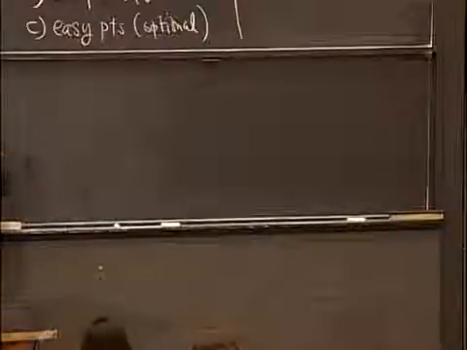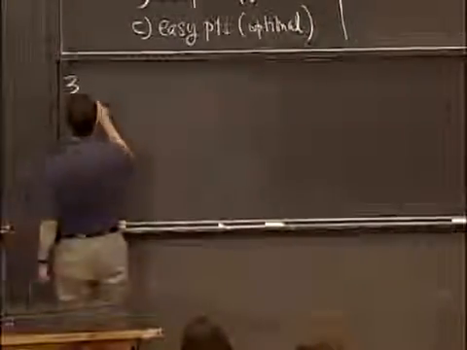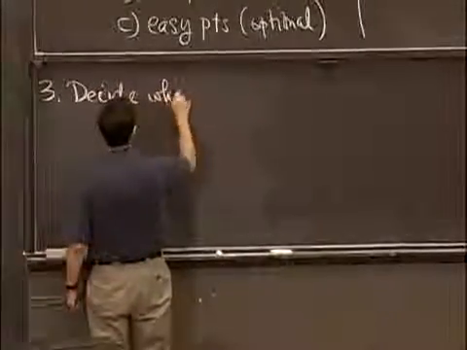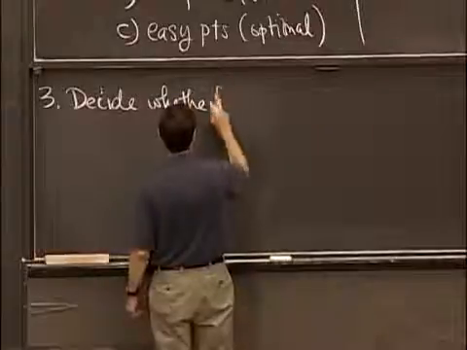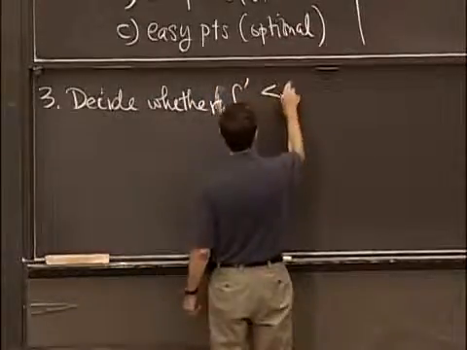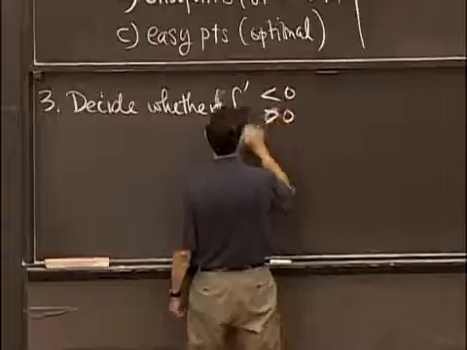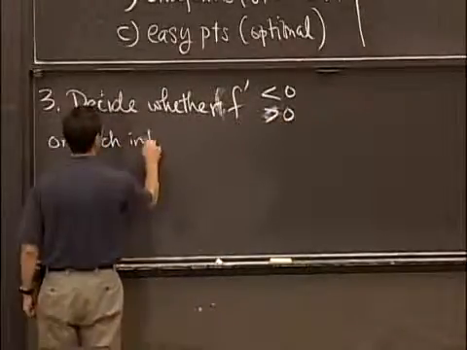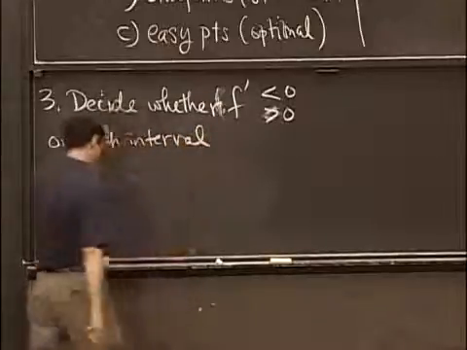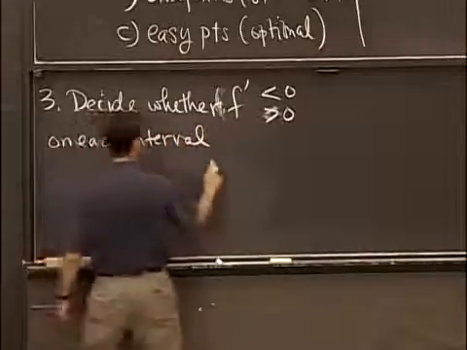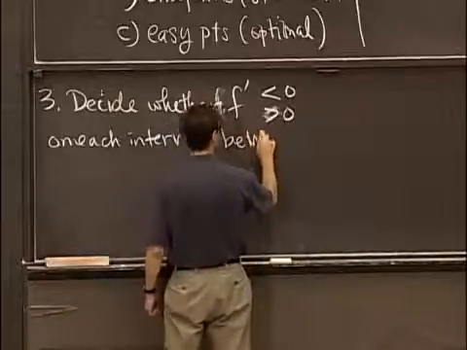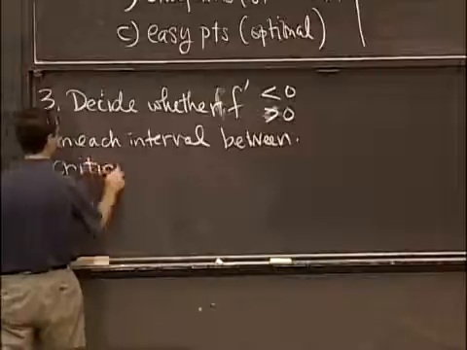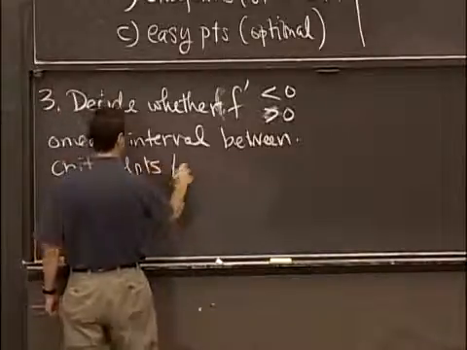All right, so the third step is to decide whether f prime is positive or negative on each interval between critical points and discontinuities.